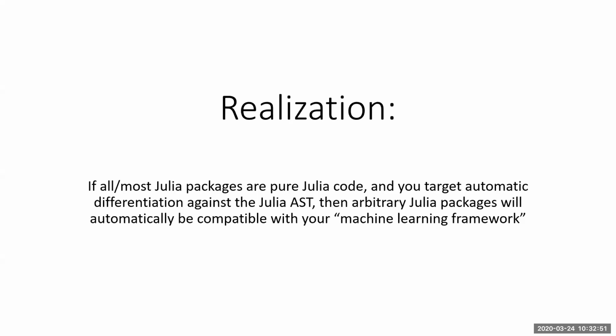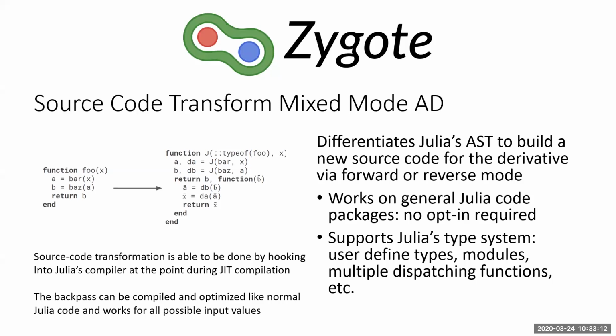There is no torch.numpy, which is different from numpy, right? With Julia, you can actually just say, I'm going to differentiate the Julia code itself and give you new Julia code. And then anyone who has written a package in pure Julia is automatically compatible with your differentiation system. And so one of the core components of this is the Zygote differentiation library, which is using a source code transformation for mixed mode AD.